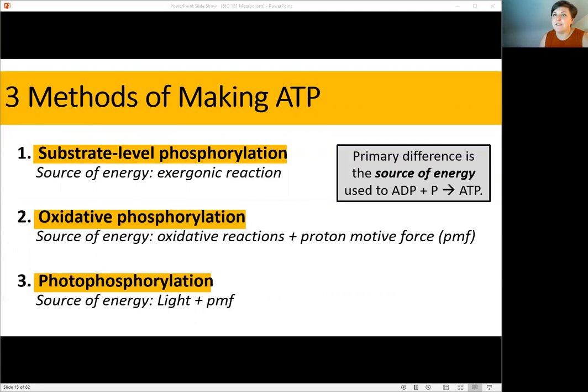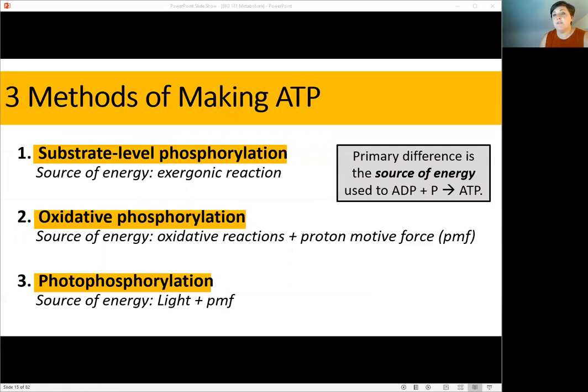The phosphate is actually gained from a molecule involved in this reaction. Recall that when we talk about chemical reactions, substrates enter a reaction and products leave a reaction. So substrate level phosphorylation is so named because the phosphate is obtained from a substrate during an exergonic reaction that generates enough energy to create ATP. This process does usually involve an enzyme that enables the transfer of the phosphate.